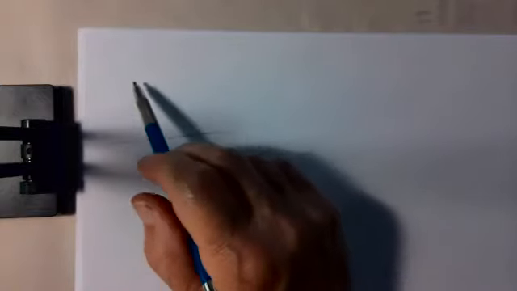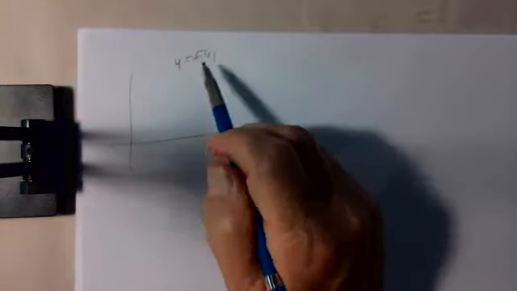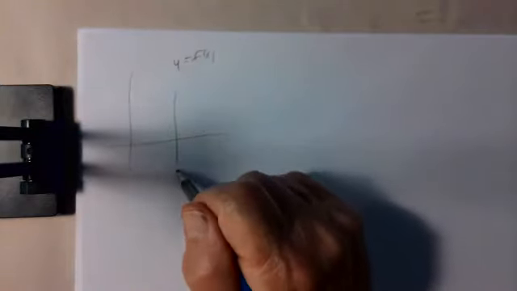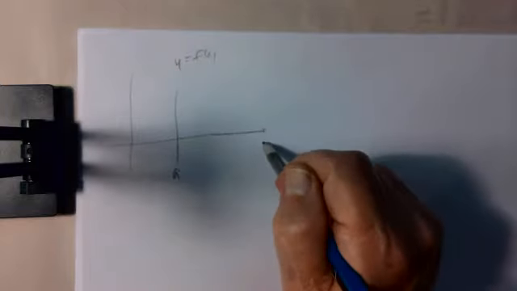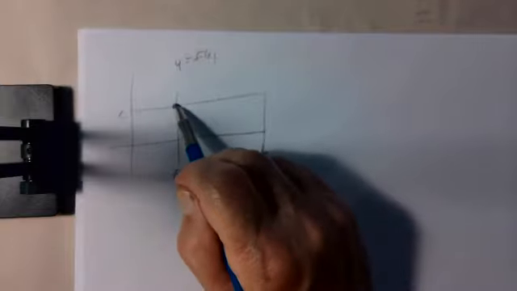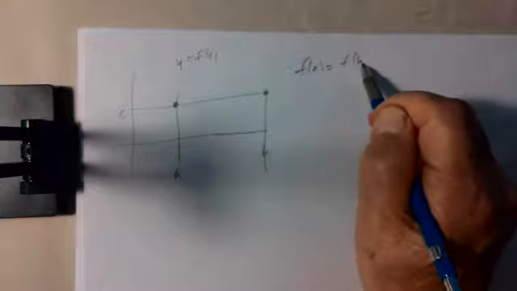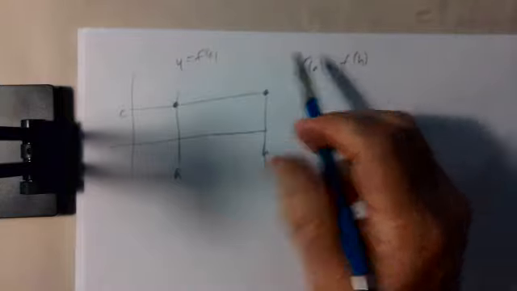So suppose you have a function y equal to f of x, and there are 2 points A and B where f of A and f of B take on the same value.